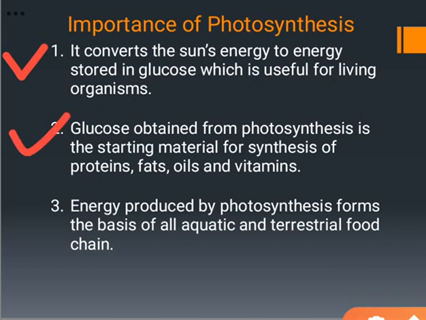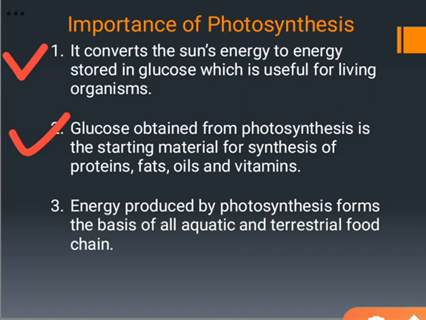Number 2. Another importance is that glucose obtained from photosynthesis is the starting material for synthesis of proteins, fats, oils, and vitamins. Glucose is an example of a carbohydrate. So when we say carbohydrate is formed in photosynthesis, we are also saying that glucose is formed.